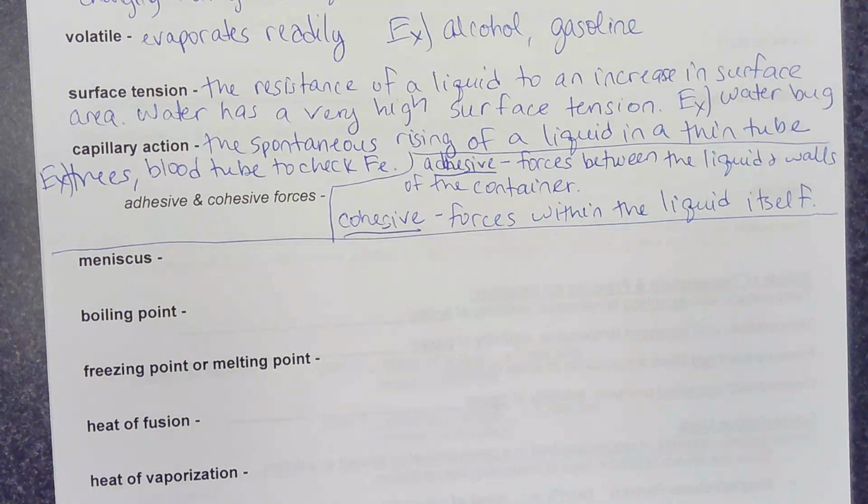Now, hold on just a minute, okay? Because these all go together. Depending upon what forces are stronger makes a difference in what the meniscus looks like. The meniscus is the curve on the surface of the liquid when it's in a thin, narrow tube container. You follow me? You use a graduated cylinder in lab, right?